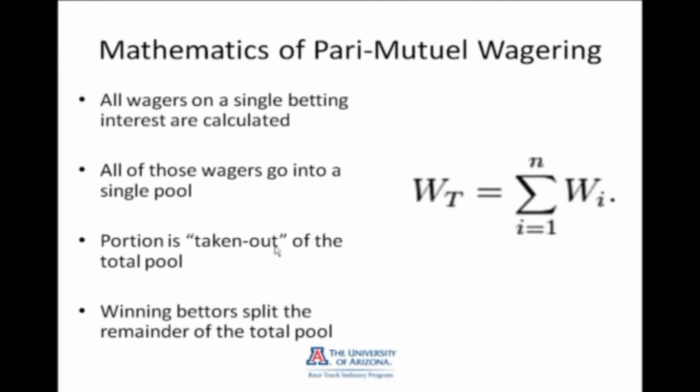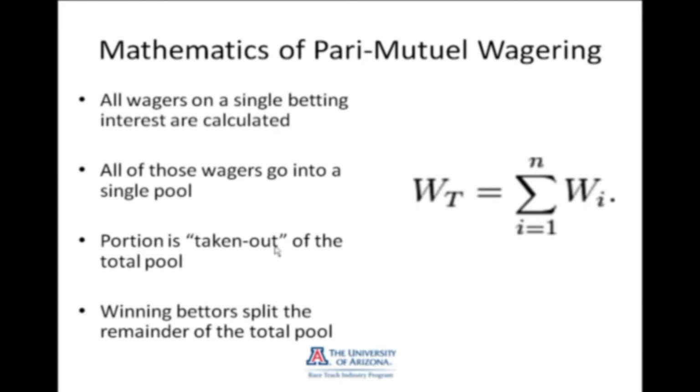The brief mathematics behind pari-mutuel wagering is that everybody betting on that race picks their horse or their combination of horses depending on the wager. They make individual wagers on those different betting interests. All the single wagers are then pooled into a single pool, and a portion of that pool is taken out. This is what we call the takeout. It averages anywhere from about 15%, especially for win wagers, to about 25% of that pool, and this money goes to the racetracks.